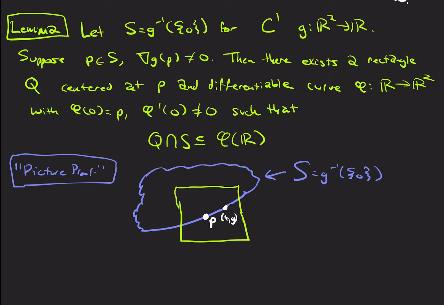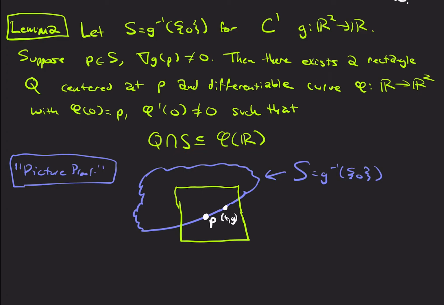But the main lemma that you use in this proof is: if you're given the set S, which is the kernel of some function g, where g is C1, and you take P in the set where the gradient is non-zero, then there's some two-dimensional domain Q, centered at P, where you can get a differentiable curve phi that parameterizes the set S. Phi of 0 is P, phi prime of 0 becomes important later, and whenever you give me a point inside this rectangle that also coincides with the set of interest S, then it is contained in the image of phi.